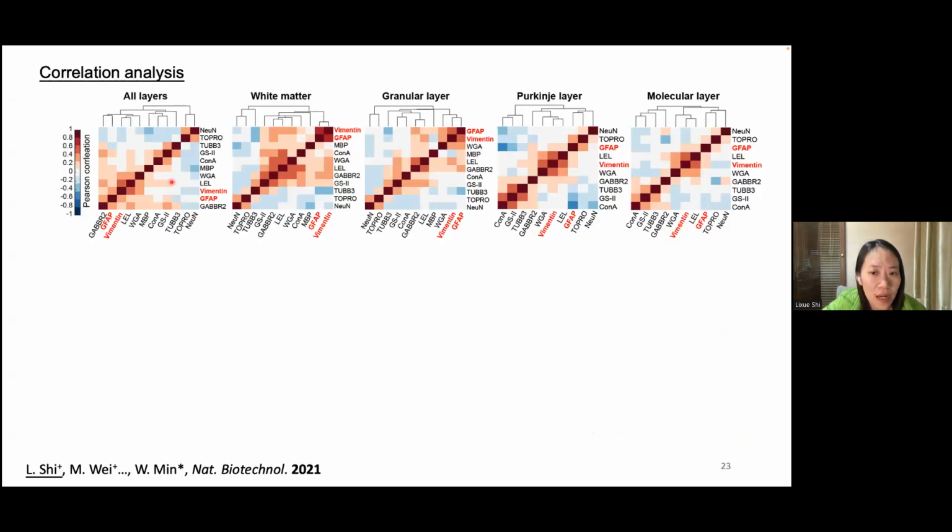So these highly multiplex volumetric results can enable systematic analysis to explore spatial features. For example, we can calculate Pearson correlation coefficients between different protein pairs and do the clustering for different anatomical layers of the brain. This can provide an overview of protein-protein correlation.